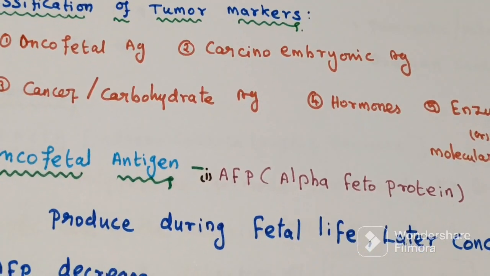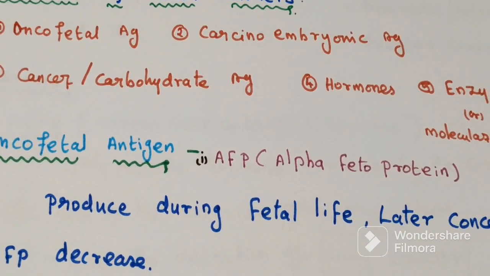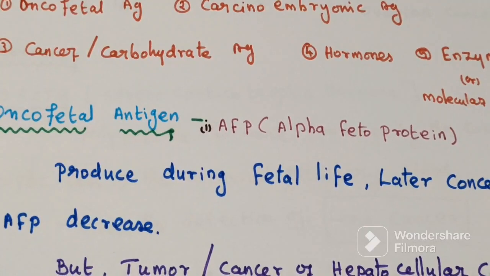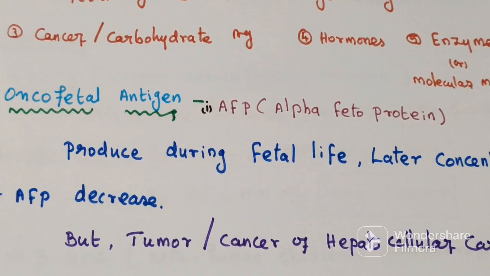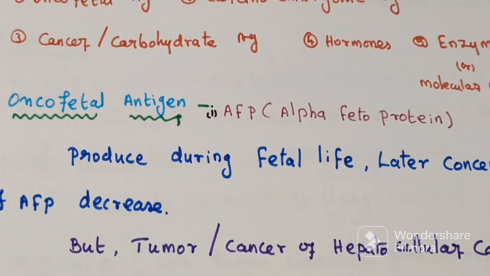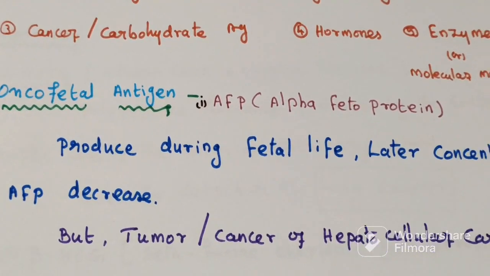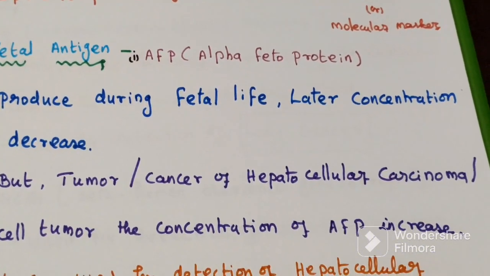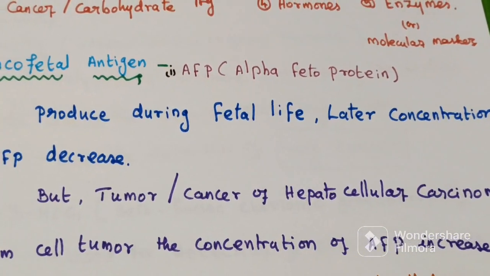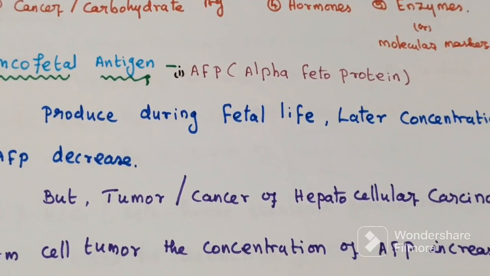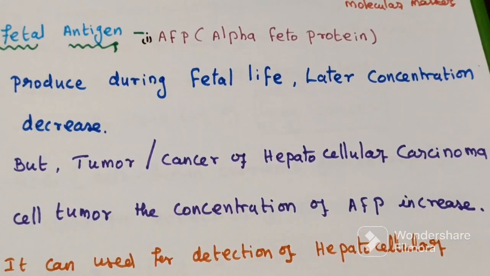Alpha fetoprotein is an oncofetal antigen produced during fetal life. Later on, its concentration decreases. But whenever there is hepatocellular carcinoma or a germ cell tumor, the concentration of alpha fetoprotein increases.